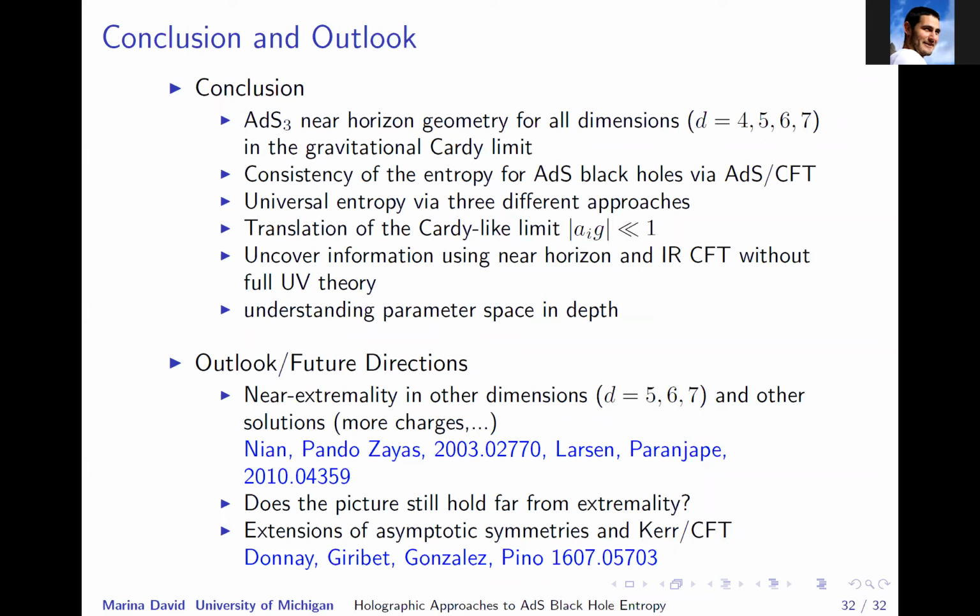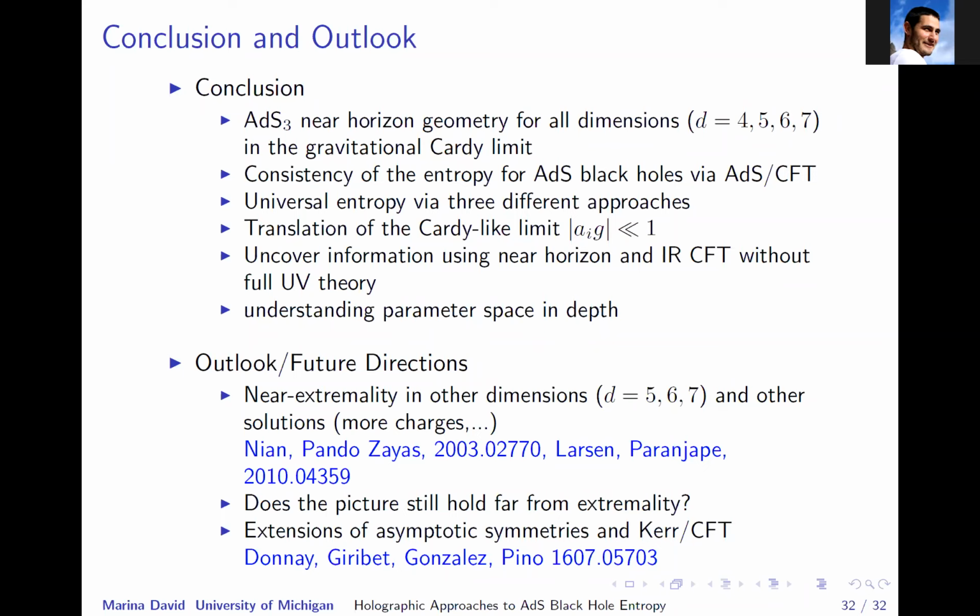We also did find consistency of the entropy regardless of the method, also showing and understanding that holography indeed works here. And there is some universal entropy regardless of the approach. We also were able to translate the Cardy-like limit to some parameter space limits, and we were able to understand the parameter space in depth.